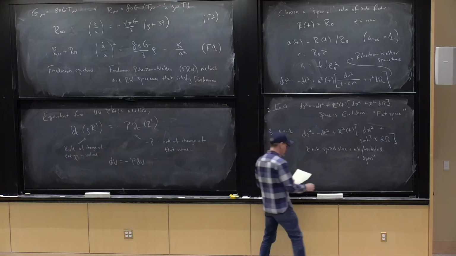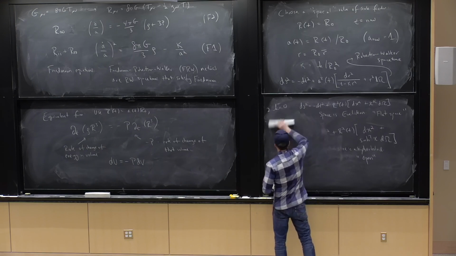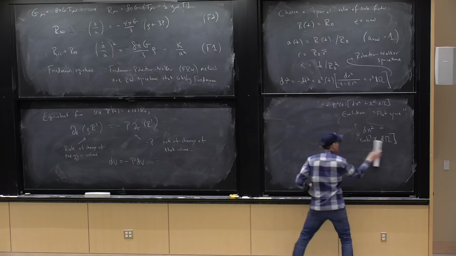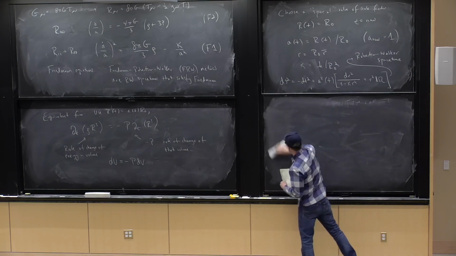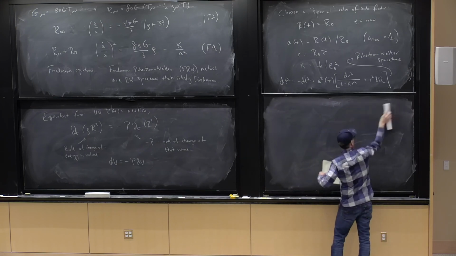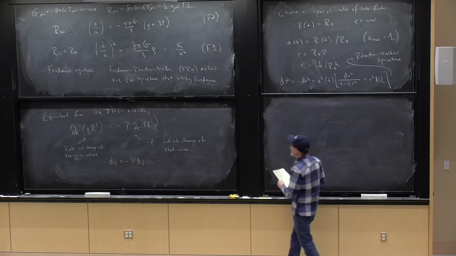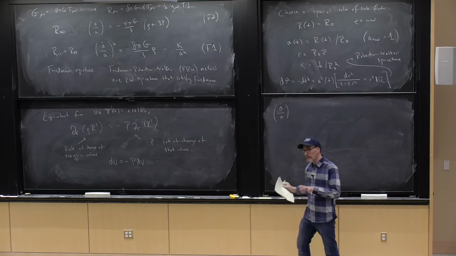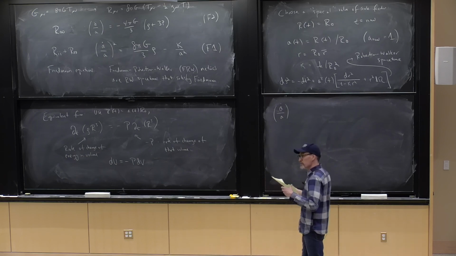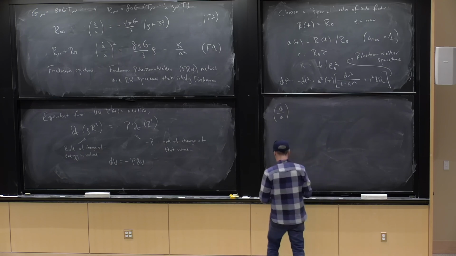One other bit of information, so let's introduce a little bit of terminology here. So a dot over a. This tells me how the overall length scale associated with my spatial slices is evolving as a function of time.